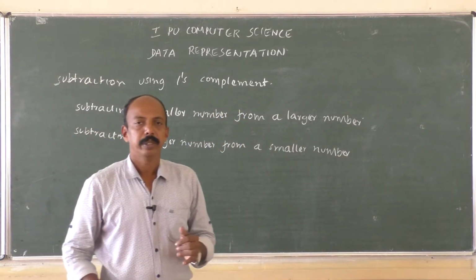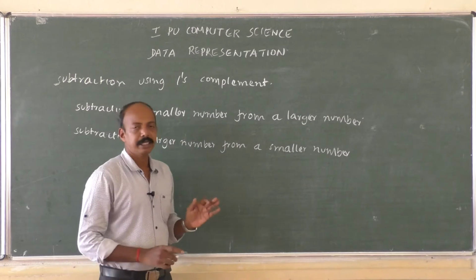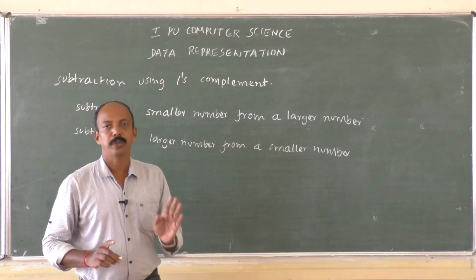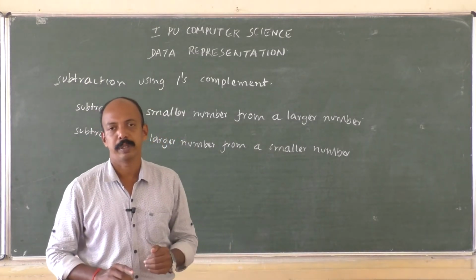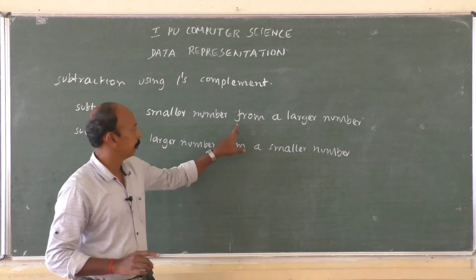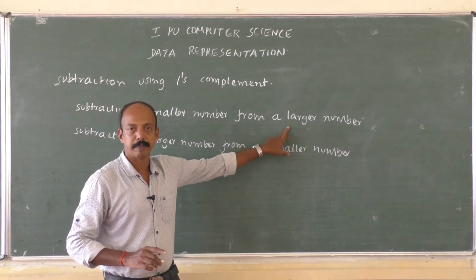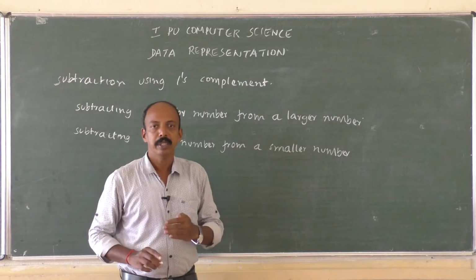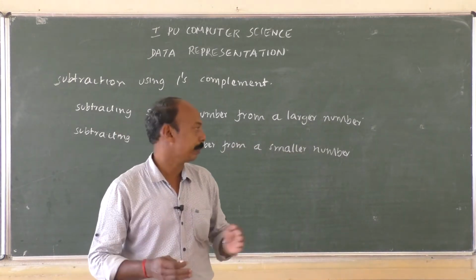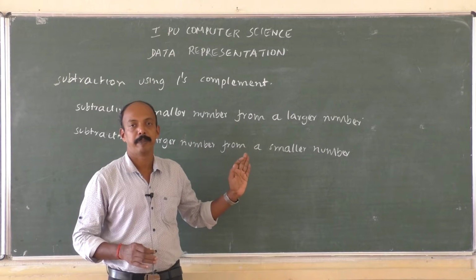The method we know, it may be given something like this: subtract 32 from 65. So we are subtracting a smaller number from a larger number, right? We have to convert it into binary because we are subtracting using one's complement.